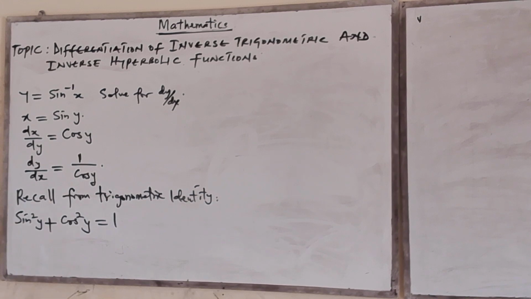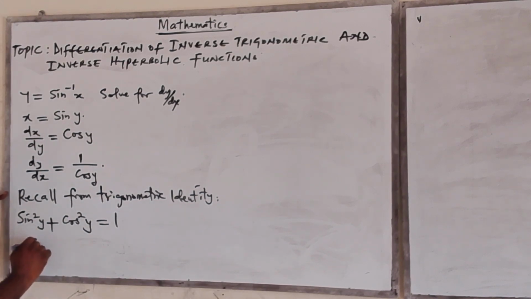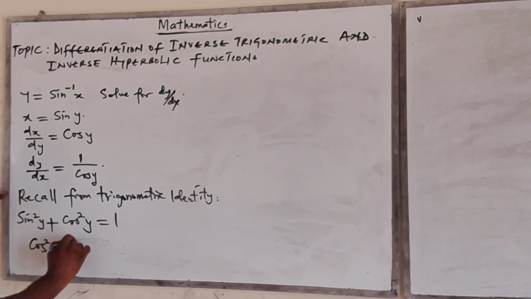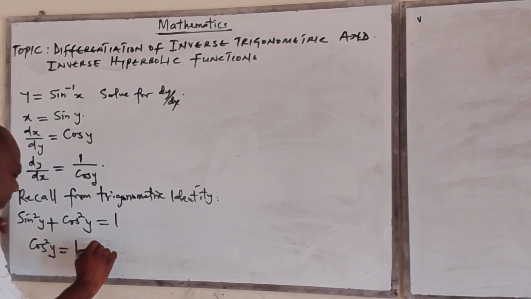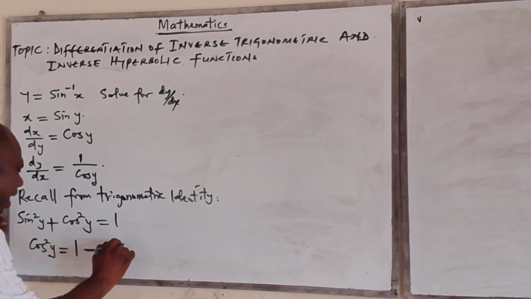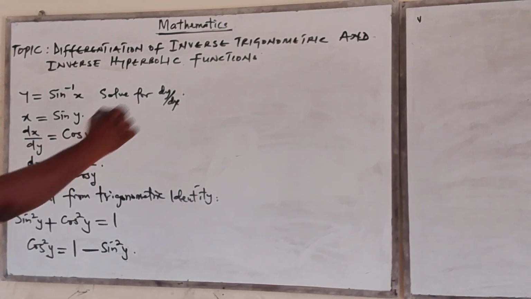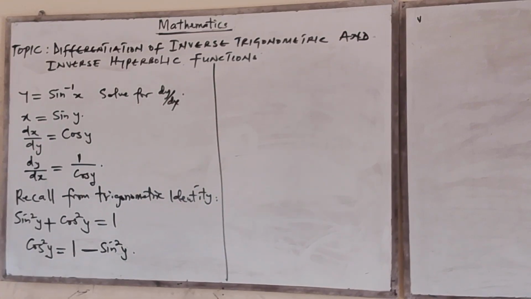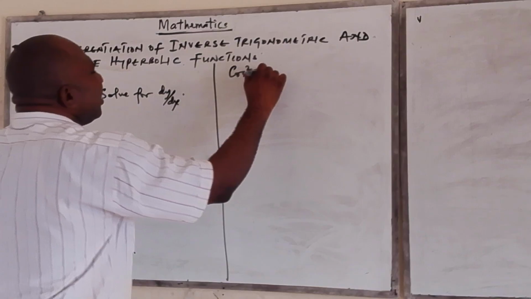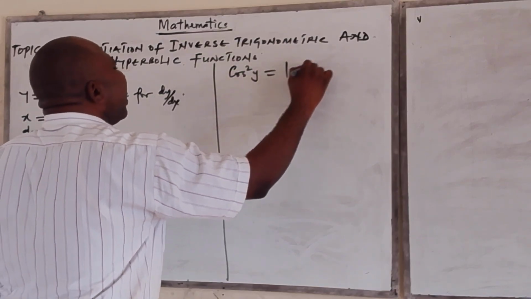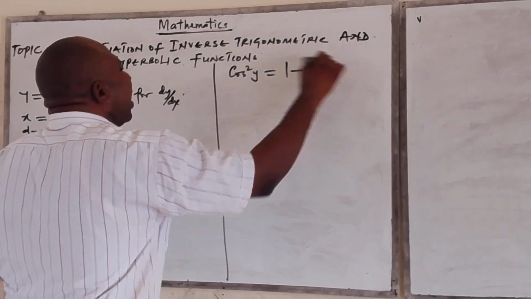So it therefore means that our cos squared y is equal to 1 minus sine squared y, taking the sine squared y to the other side, where it becomes minus. So cos squared y is equal to 1 minus sine squared y.